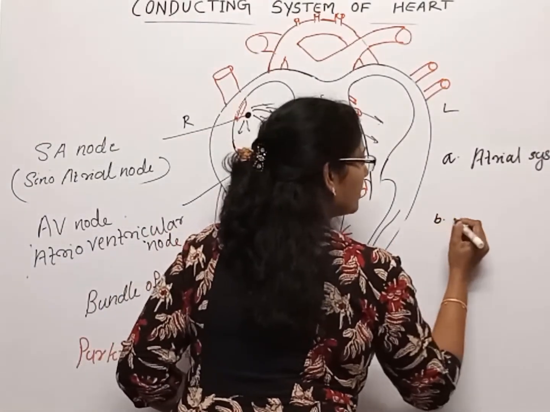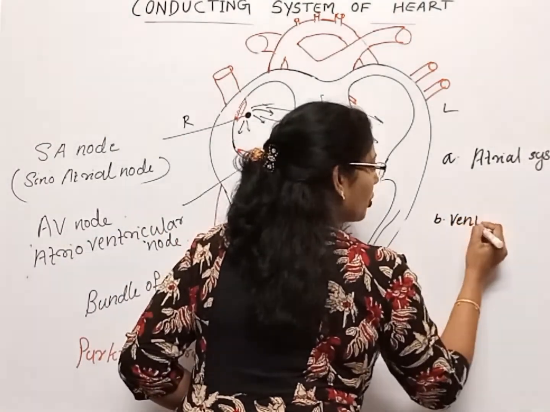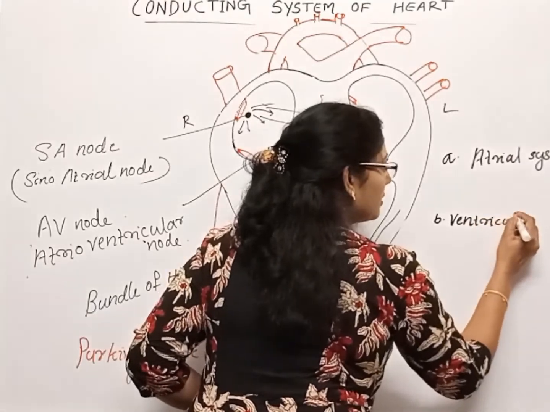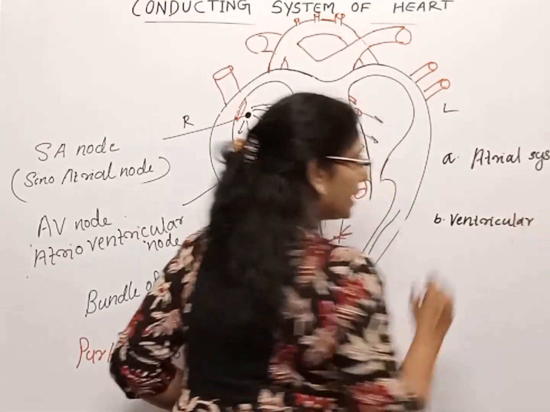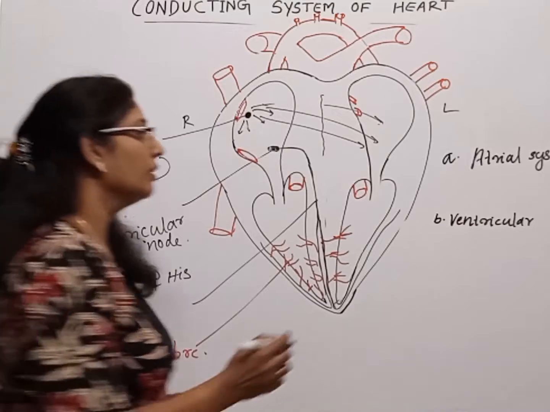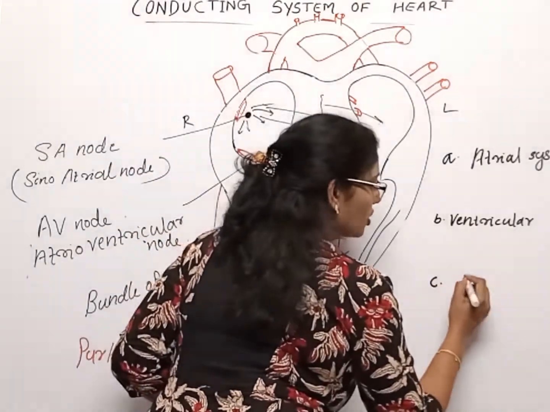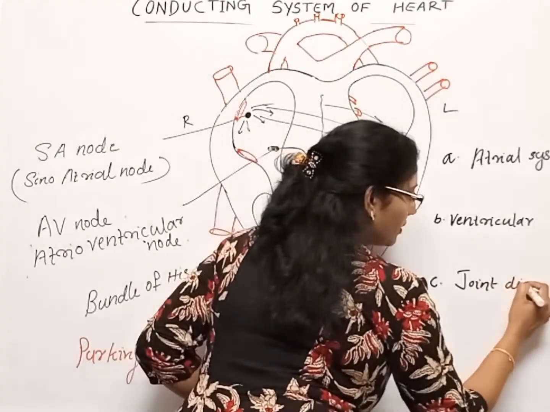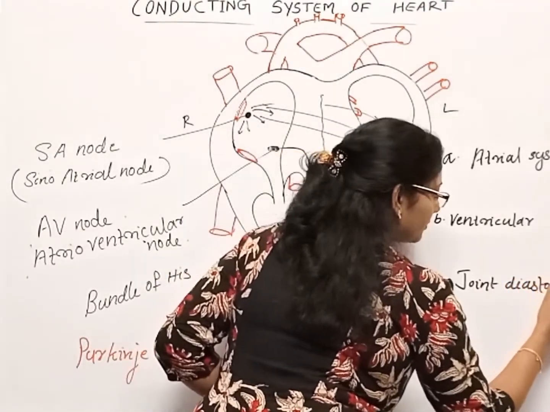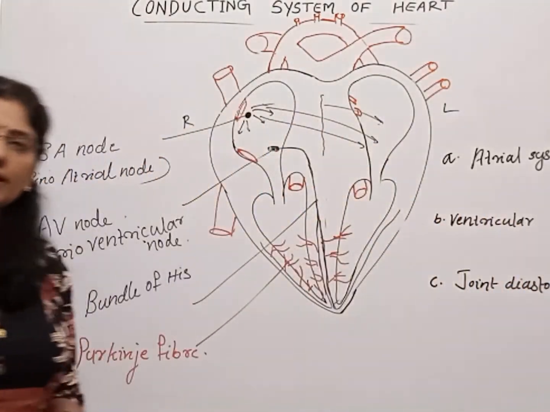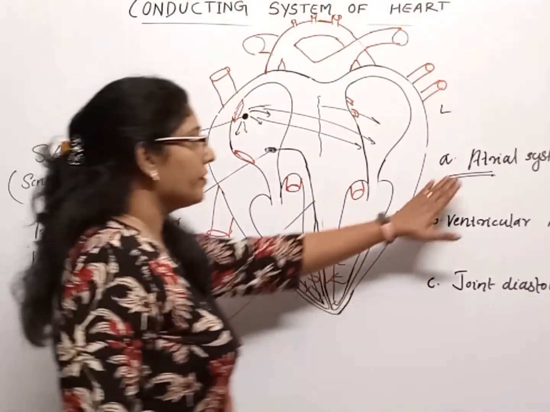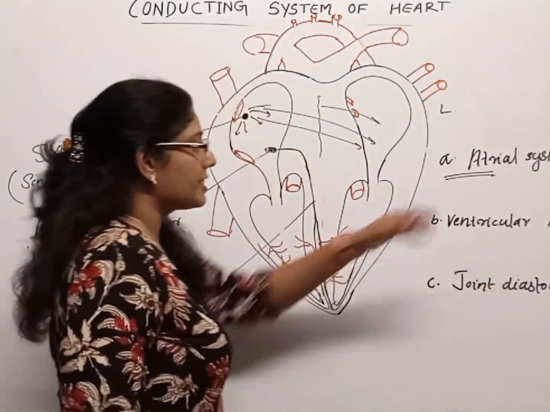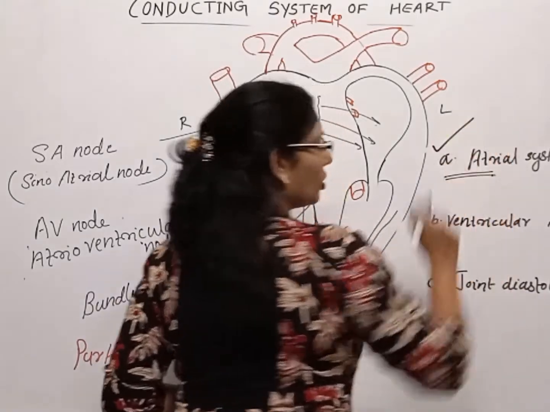Second one is ventricular systole, that is contraction of the ventricle. And the third one is joint diastole, that is joint relaxation. Now we will see this one by one. First we will see the atrial systole.